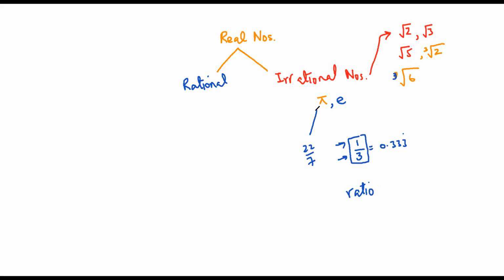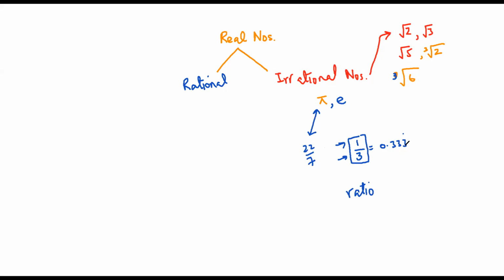But people normally think that pi and 22 over 7 are equal to each other, but they are not. Pi is an irrational number, and 22 over 7 is a rational number.